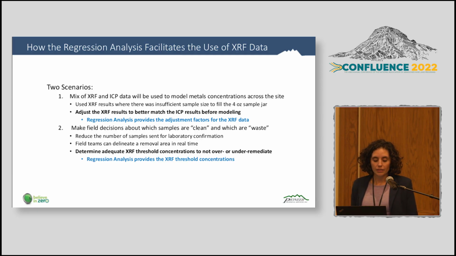In this instance, we use the XRF results where there was insufficient sample size to fill the 4-ounce sample jar that the laboratory required for the ICP analysis. We also use the XRF to help inform where to take samples and where to end them, because we knew that there was a bottom of waste eventually, and so we could use the XRF to inform when we could stop taking lab samples.